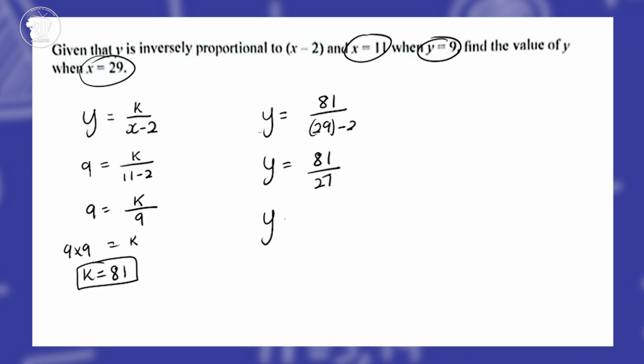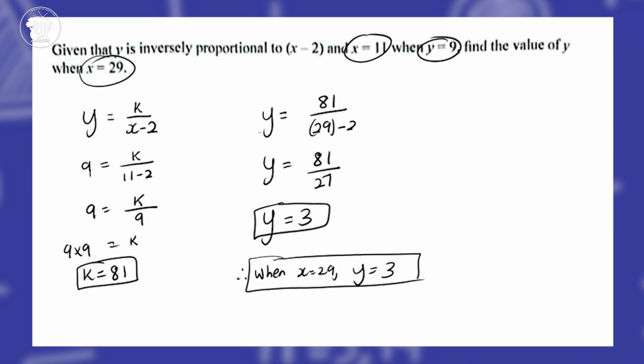So y would be equal to 81 divided by 27, which is 3. So you can say therefore, when x is equal to 29, y is equal to 3. This is how we answer this question.